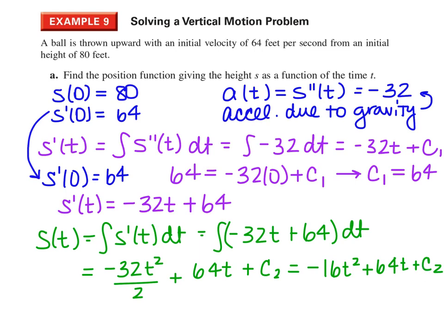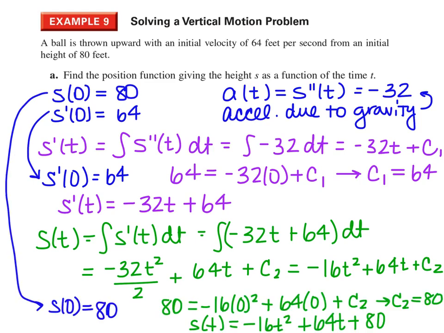Now I'm going to do the same thing that I did up here, using the original s of 0 equal to 80 to solve for this c2, and then I'll have my original position function. So setting this equation equal to 80 and plugging 0 in for all of my t's, I find that my second constant is equal to 80. So I've got negative 16t squared plus 64t plus 80 as my original position function.